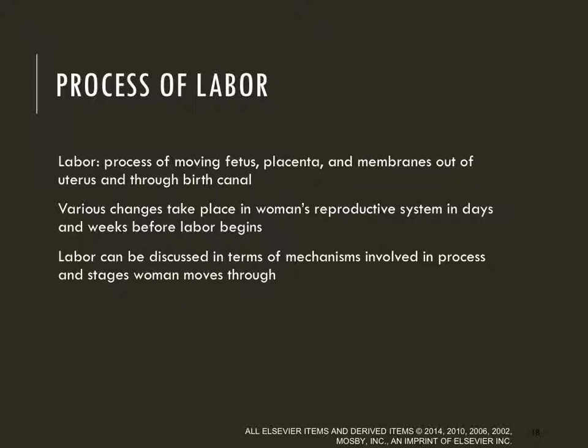The other thing that happens is moms will have something that's called a bloody show. This is the brownish or blood-tinged cervical mucus that starts to ooze out from the vaginal membranes. The other thing that happens is usually days before labor starts to occur, moms will lose about 0.5 to 1.5 kilograms in weight.